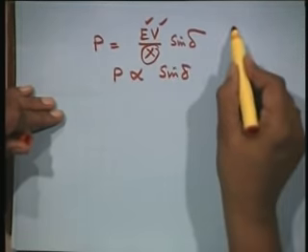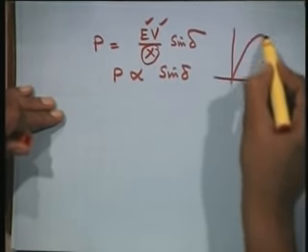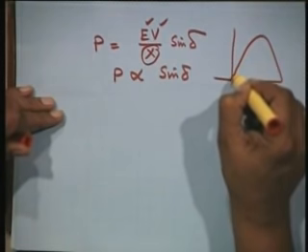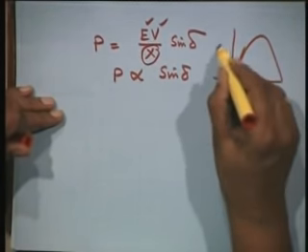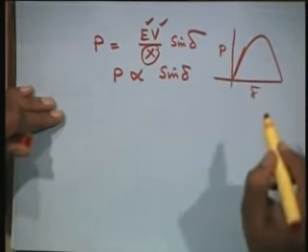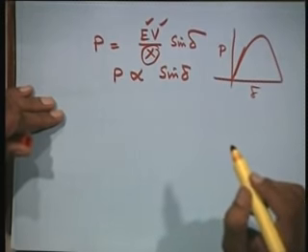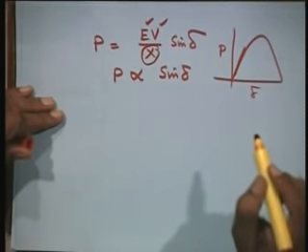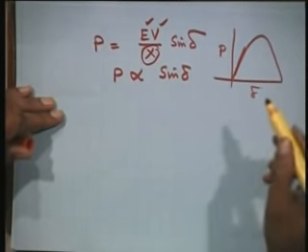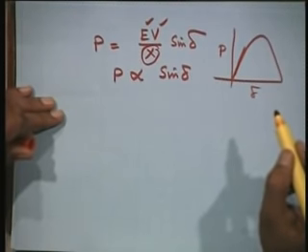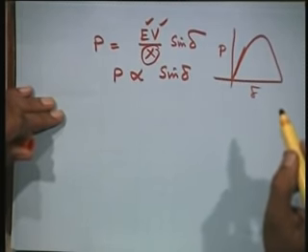And delta, as all of you know, we operate close to 30 degrees in the linear portion of the P delta curve, the power angle curve, which you must have done in your stability course, in case you have done it. For our undergraduate friends, you might not have done stability, you will do it perhaps, hopefully in some course.